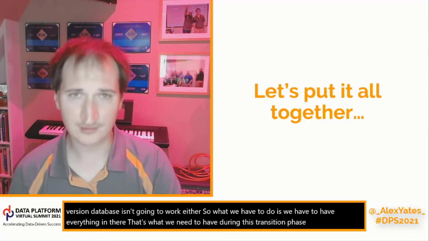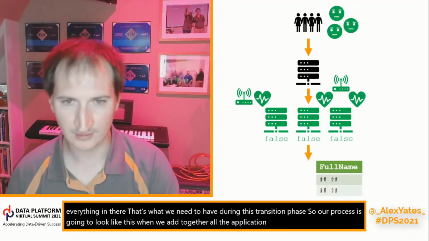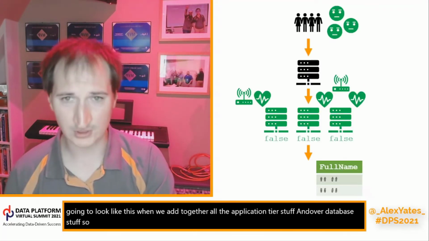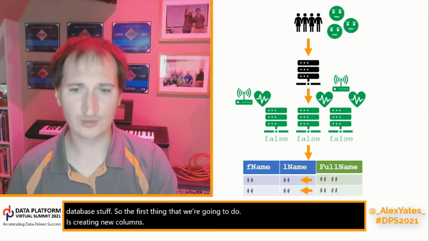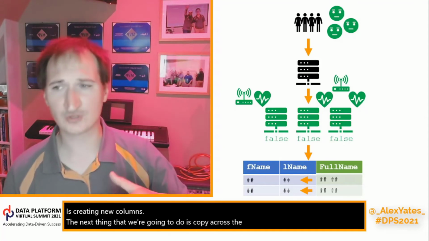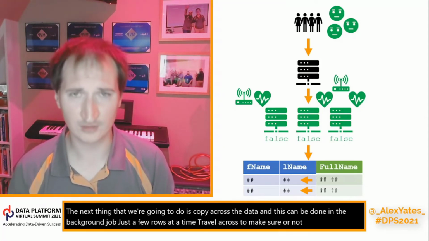So our process is going to look like this once we add together all the application tier stuff and all the database stuff. The first thing that we're going to do is create our new columns. The next thing is to copy across the data, and this can be done as a background job, just a few rows at a time, dribbled across to make sure that we're not hammering performance all in one go.